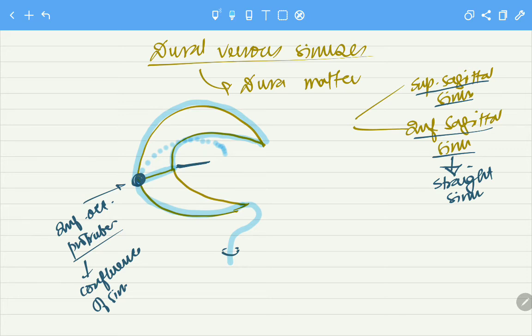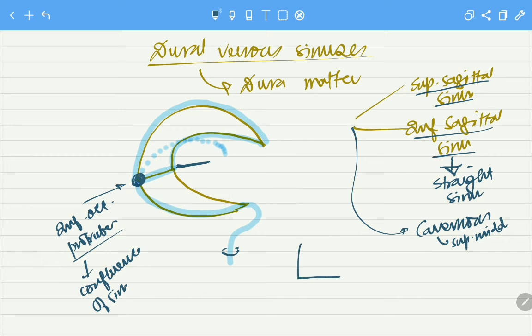On top of that, there is also one important sinus which is called the cavernous sinus. The cavernous sinus is formed by a few of the superficial veins. For example, the superficial middle cerebral vein.